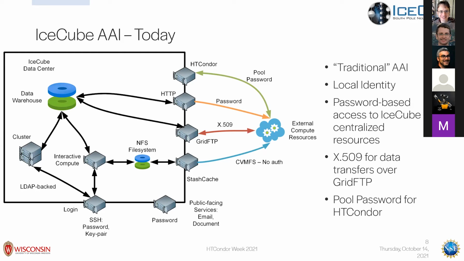But then we also have an HTTP access for those folks that only want to pull data. The issue is still getting the data back from the external compute resource, and there, X509 is currently the only path.